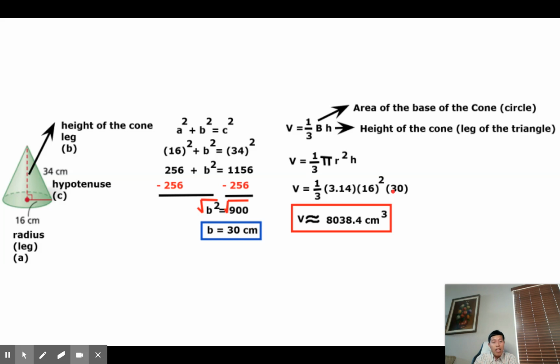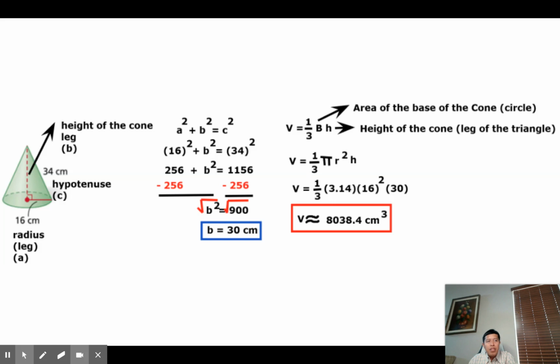Let's plug it into the calculator. You can put this in the Desmos calculator, like 1/3 times 3.14 times 16 squared times 30. Or you can also do it like this, 3.14 times 16 times 16 times 30, and after that, divide by 3. And our answer here, the volume, is about... Why is it about? Because we use an estimated value of pi.